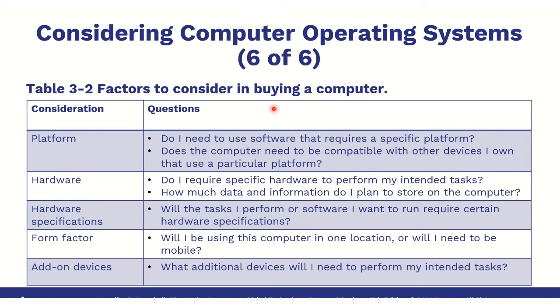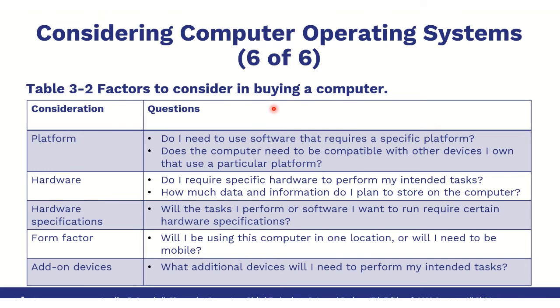The add-on devices: what additional devices will I need to perform my intended tasks? If you need a DVD player, these modern computers do not have any room for DVD discs. So if you want one, you need to buy a portable DVD player to plug into your computer, or a portable disk drive to plug into your computer.